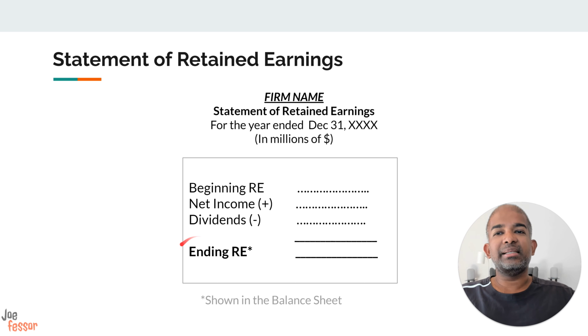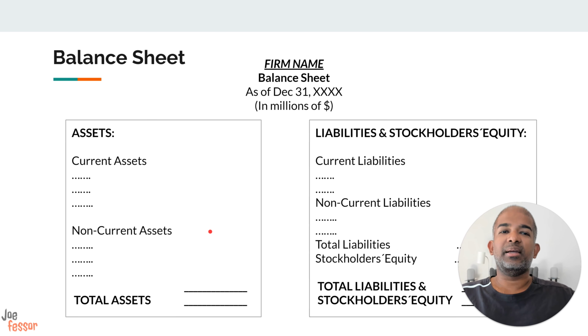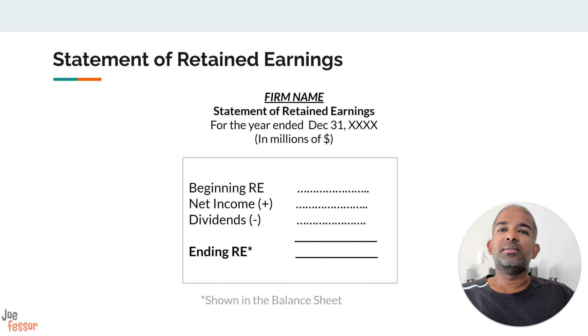This retained earnings at the end of the time period is reported in the balance sheet, under stockholders' equity. So ideally, you would want to do the income statement first, then the statement of retained earnings, and then follow it up with a balance sheet.